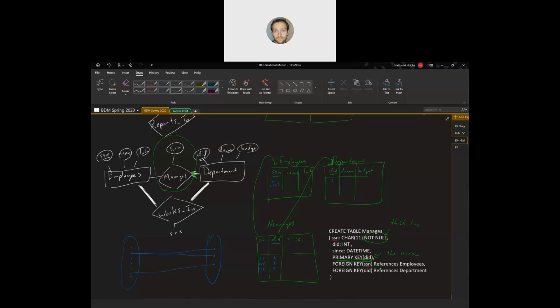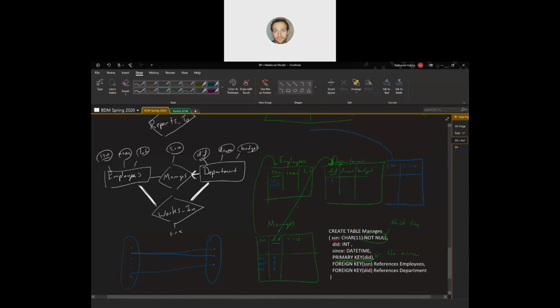But that being said, if you draw it the other way, it's such a trivial thing, I don't care. Okay. Another solution to this could be to extend this table with a social security number and since, which is not a key, where the SSN is a foreign key.